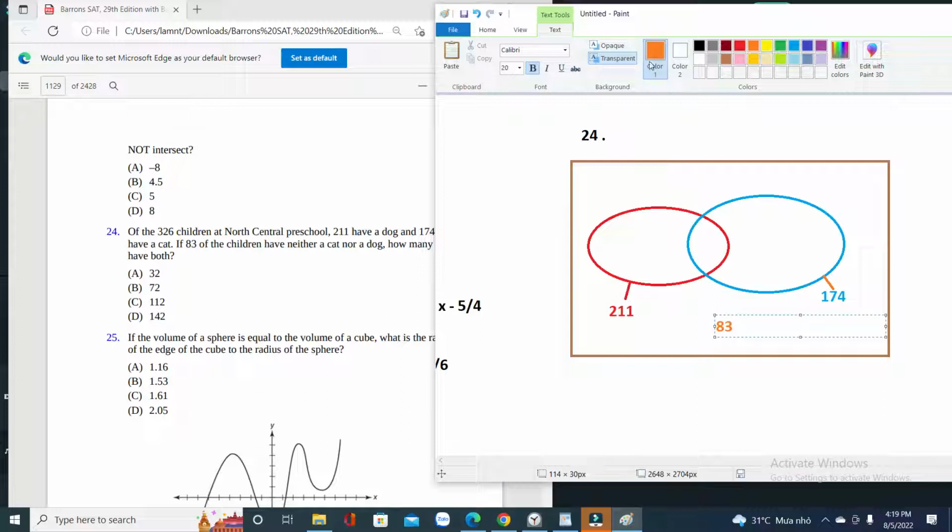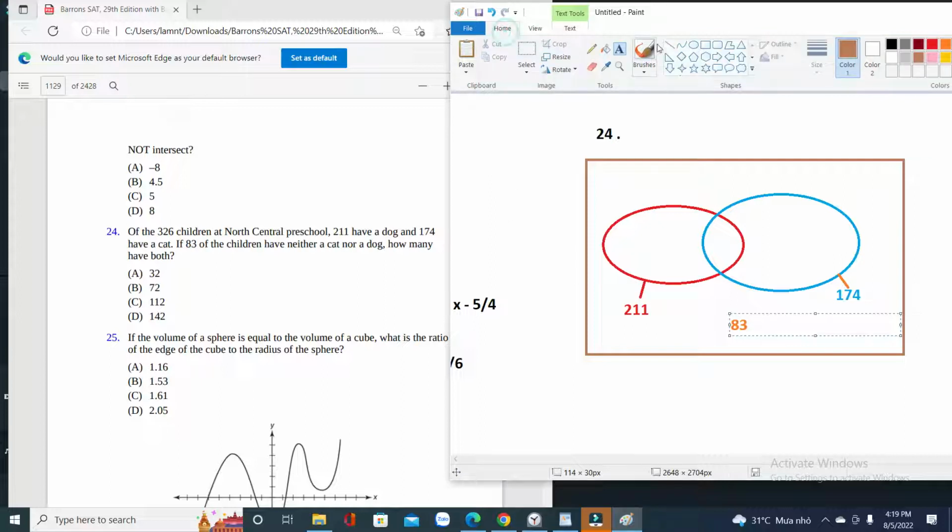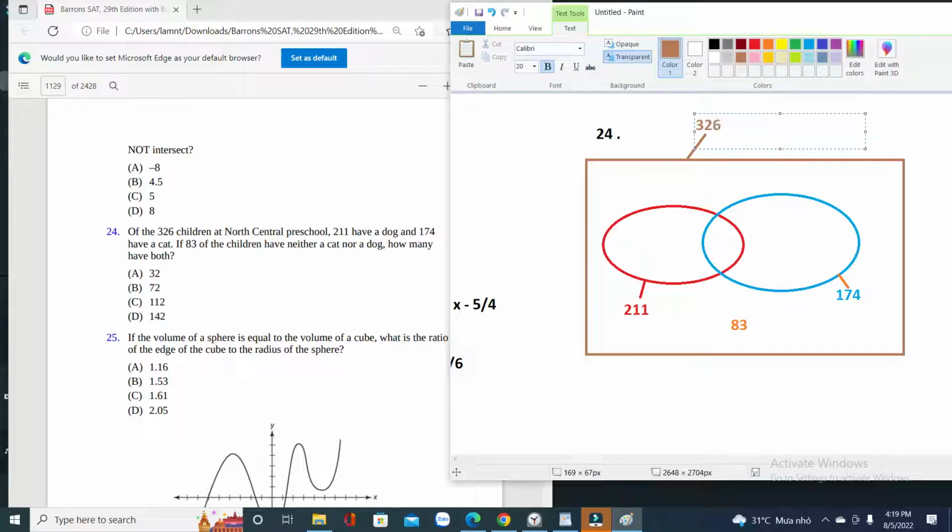And we know the total is 326. So that's the Venn diagram for this exercise.